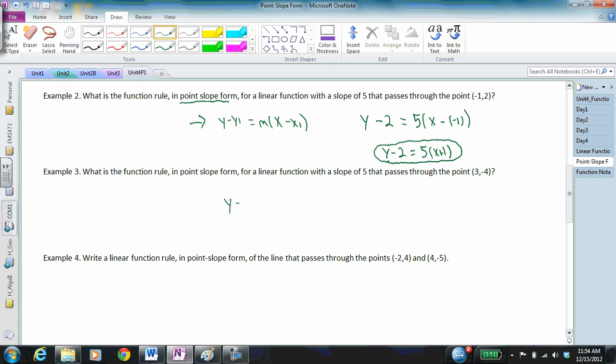So it's going to be y minus negative 4 equals the slope, which is 5, times x minus 3, because this was our x1, y1, and this was our slope. So I could write that as y plus 4 equals 5 times x minus 3. And there we have it.